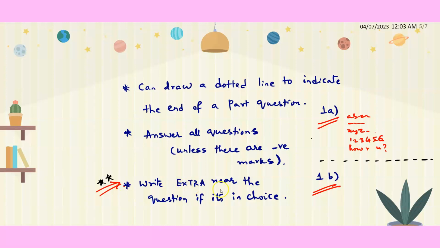So write "extra" near the question if it's in a choice. Sometimes you write 5 questions and then a sixth question also, but in fact it is a choice. So instead of directly writing it straight away, please mention that it is an extra question in bold.